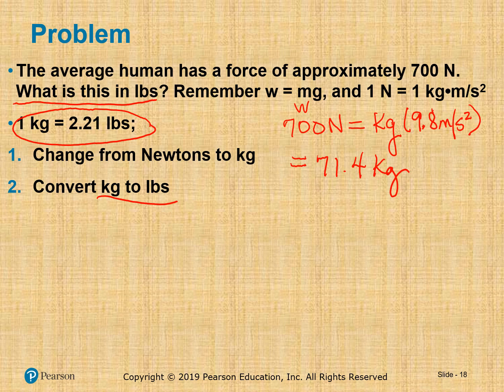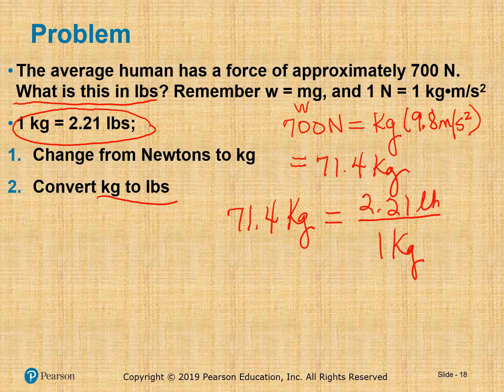So you have 71.4 kilograms equals, well, now we put in our conversion factor, and we want kilograms in the denominator because we want the kilograms to cancel, so we end up with pounds. So I'm going to put 1 kilogram in the denominator, and I'm going to put 2.21 pounds in the numerator.